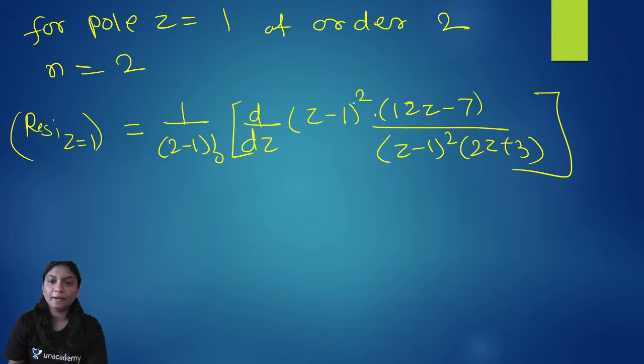Ultimately you will get here, cancel out. Now take the derivative of this with respect to z. Here 1 upon (2 minus 1) factorial means 1 by 1, that is 1.